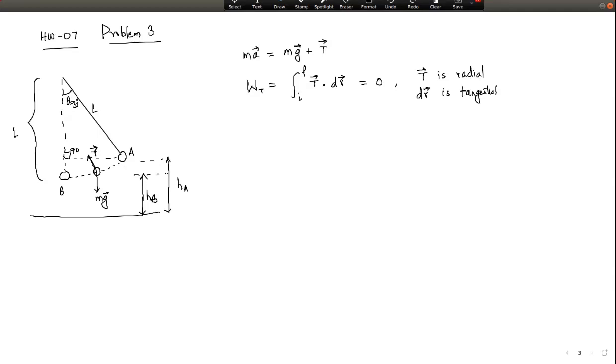So we can use the energy consideration between point A and point B to determine the details of the system.